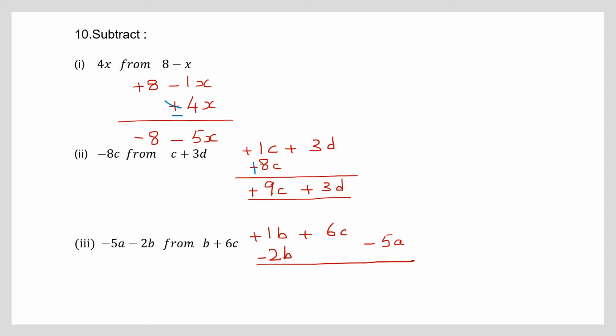Now change the sign of the second row. So this becomes plus and this becomes 2b. This also becomes plus. Now let's complete it. When signs are the same, let's put the same sign and add. 1 plus 2 is 3. 3b plus 6c plus 5a. So that is your answer.